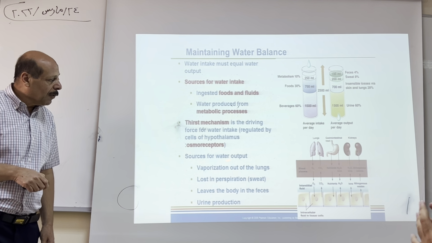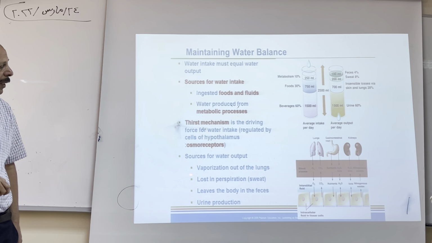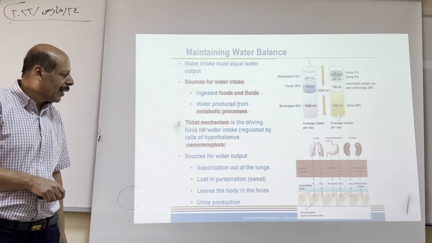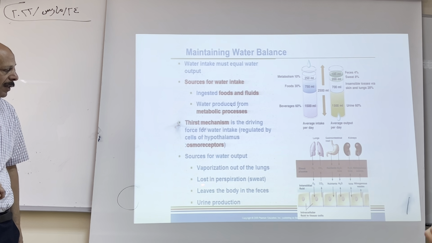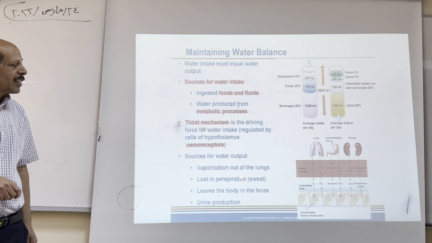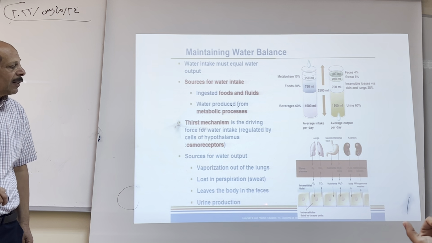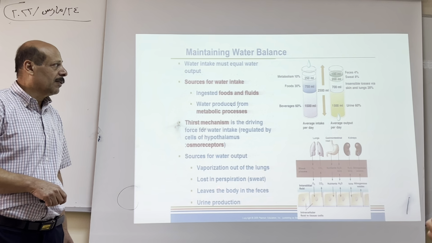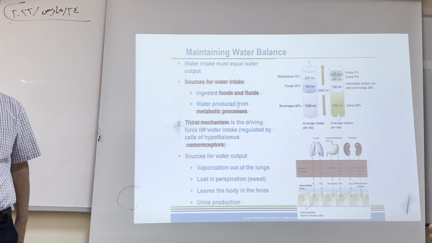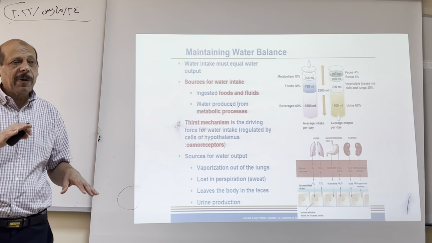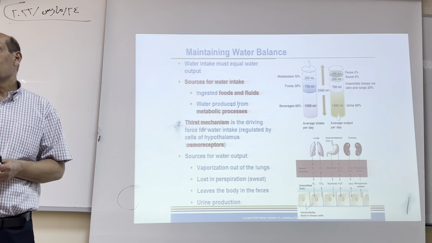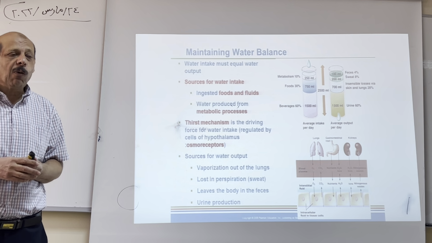So the sources of water output, as we said, are the vaporization from our lungs, loss in perspiration or sweating, and leaving the body in the feces and urine production. So those are the water balance, and how the water is balanced in our body.